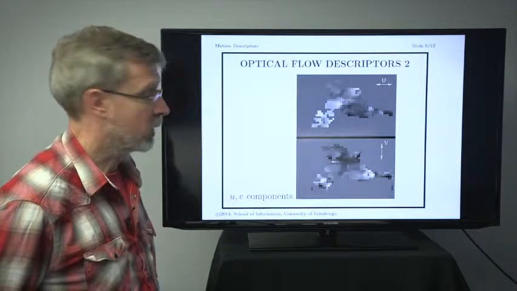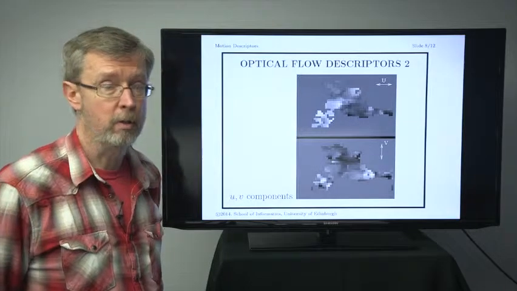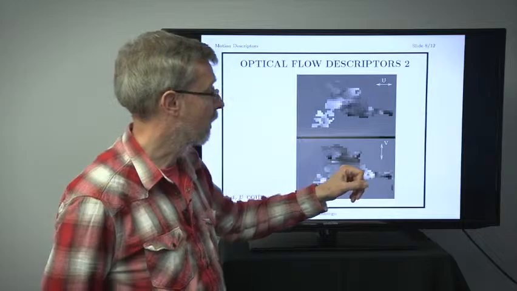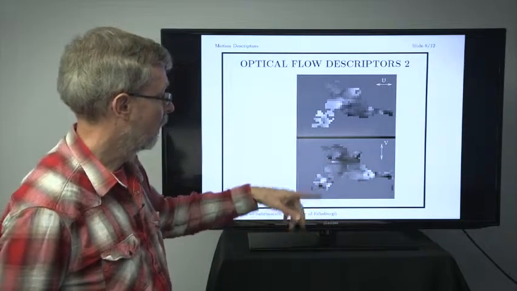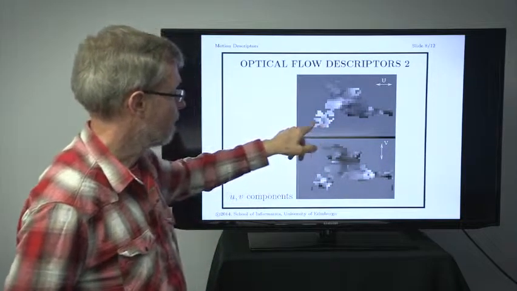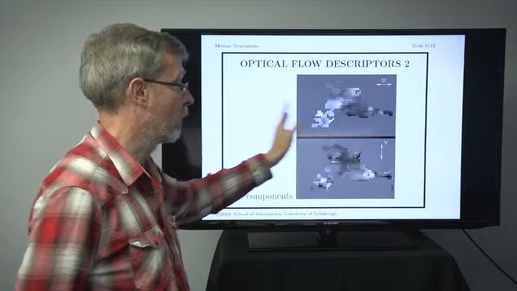Well, the first thing we can do is take those two components of the optical flow and separate them out into the vertical and the horizontal components. So here's a grayscale encoding of the horizontal components. The U is the horizontal, the V is the vertical. And you can see here, it's quite bright, so that means it's moving very quickly in one direction.